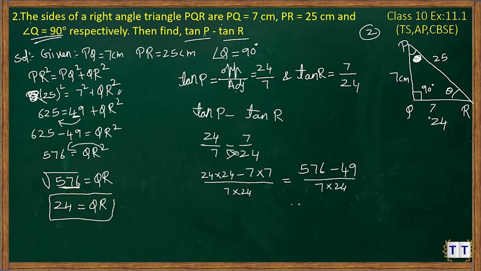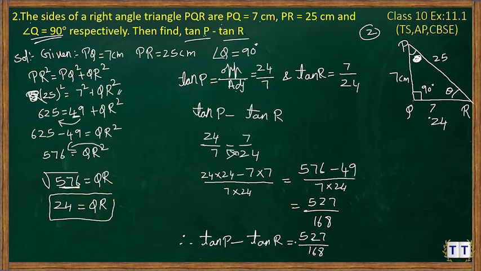You can multiply this 7 into 24. Okay, 576 minus 49 is how much? 527 by 7 into 24 is 168. So therefore my answer is tan P minus tan R equals 527 by 168. Okay, so this is my solution.